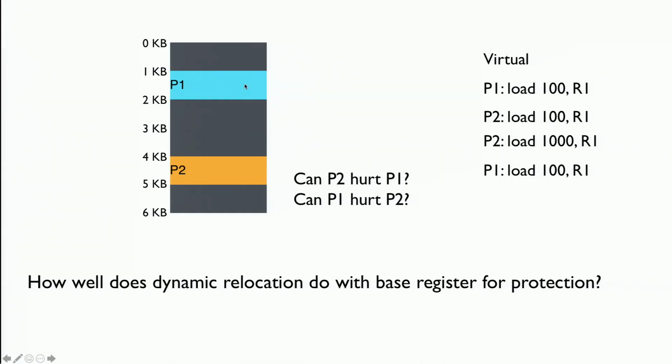Whereas P1, if it generates a large address, it's going to get added to this base, and it could then access this physical memory down here with our simple hardware that we have so far.